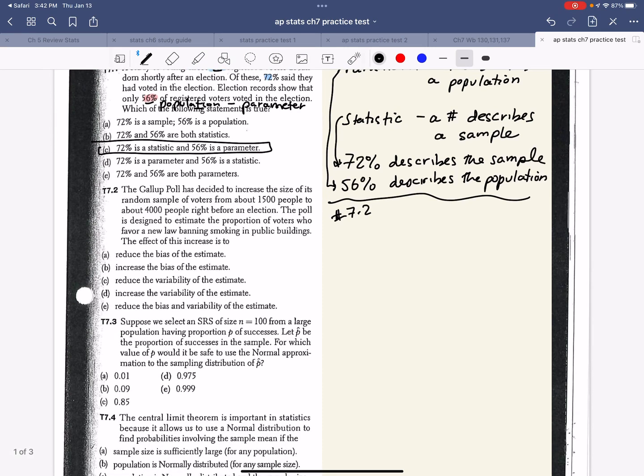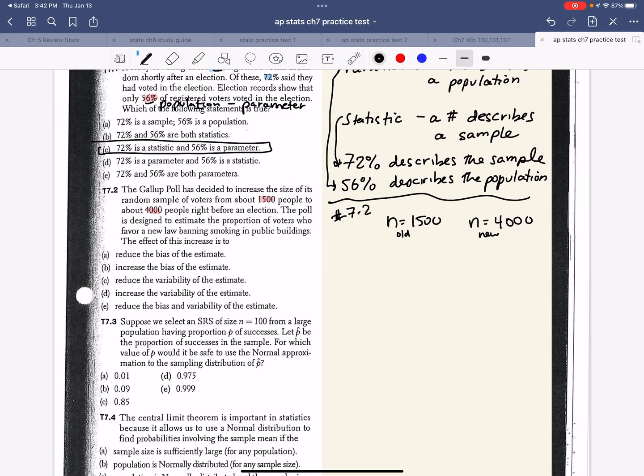A Gallup poll has decided to increase the size of the random sample of voters from about, so N was 1,500. They decided to move it up to 4,000. Right before an election. The poll is designed to estimate the proportion of voters who favor a new law banning smoking in a public building. What happens when we increase N?